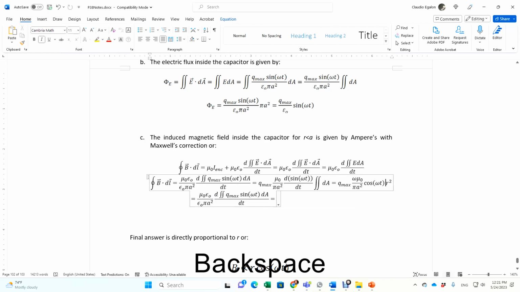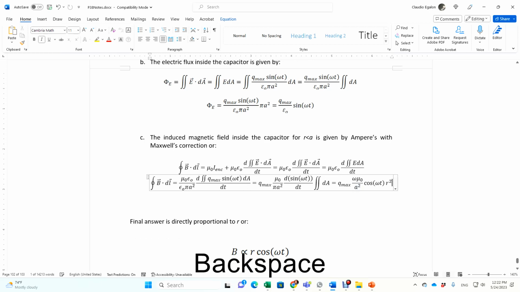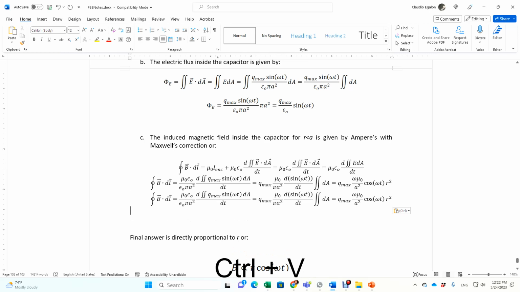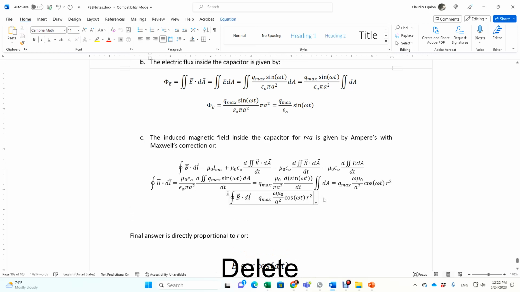This pi cancels with this other pi. And we completed our line as much as we can. Remember, we calculated only the right side of the equation. Now we have to calculate this left side here.